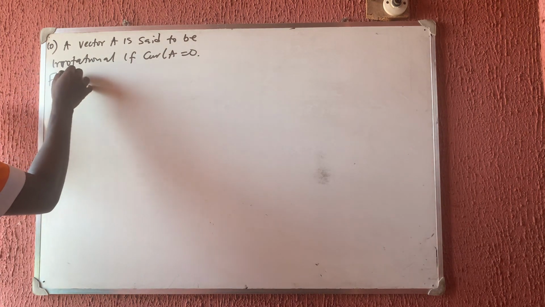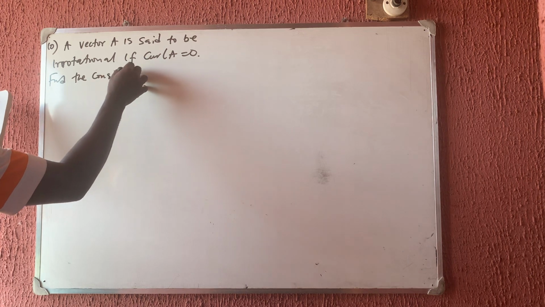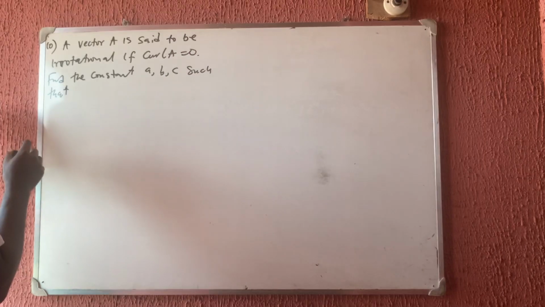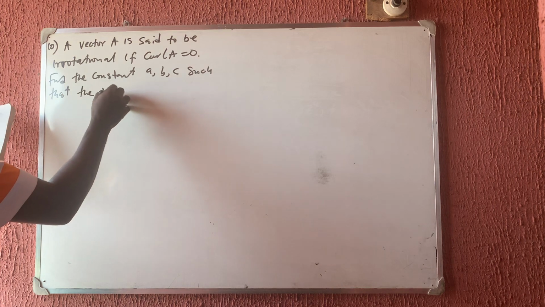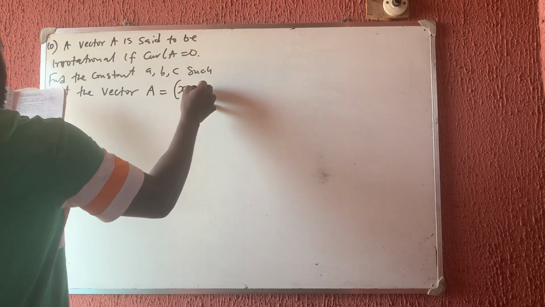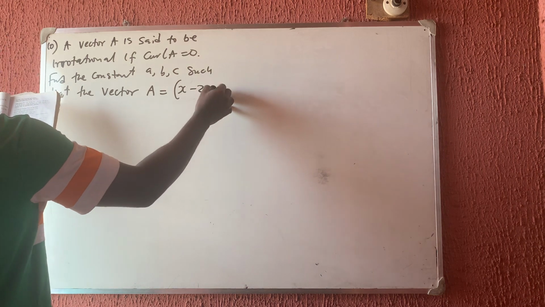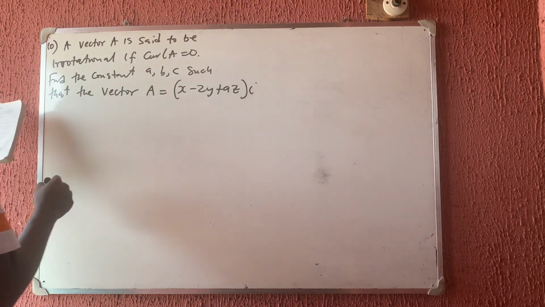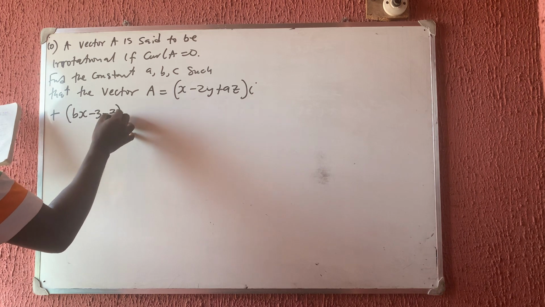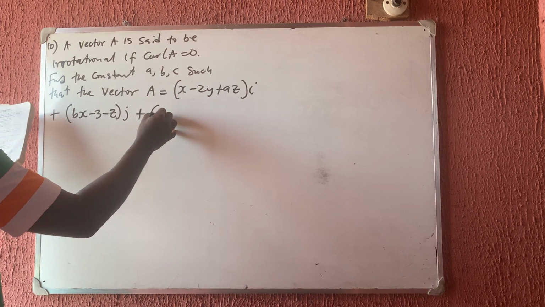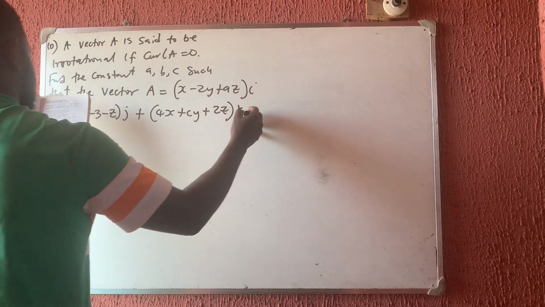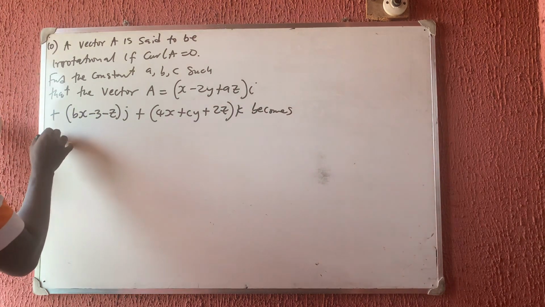Then they now say find the constants a, b, c such that the vector A, which is equal to x minus 2y plus az i, plus bx minus 3y minus z j, plus 4x plus cy plus 2z k, becomes irrotational.